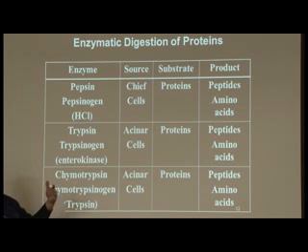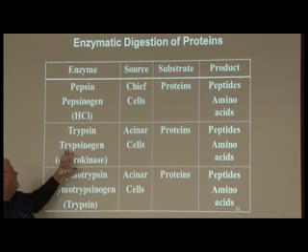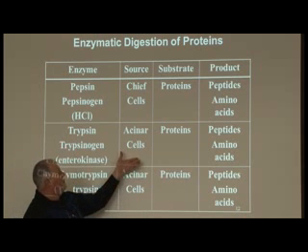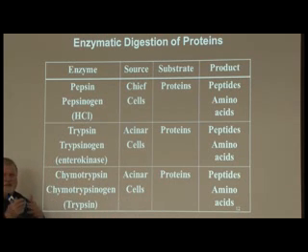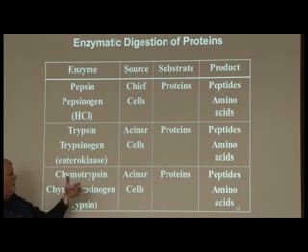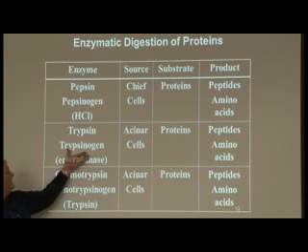So now as the chyme vacates the stomach and enters the duodenum, we're going to have a whole series of digestive enzymes that are active in the small intestine. One of the important ones is the enzyme trypsin. It's actually produced by acinar cells in the pancreas. And what travels down the pancreatic duct and ends up in the hepatopancreatic ampulla, being dumped into the small intestine, is an inactive enzyme called trypsinogen.